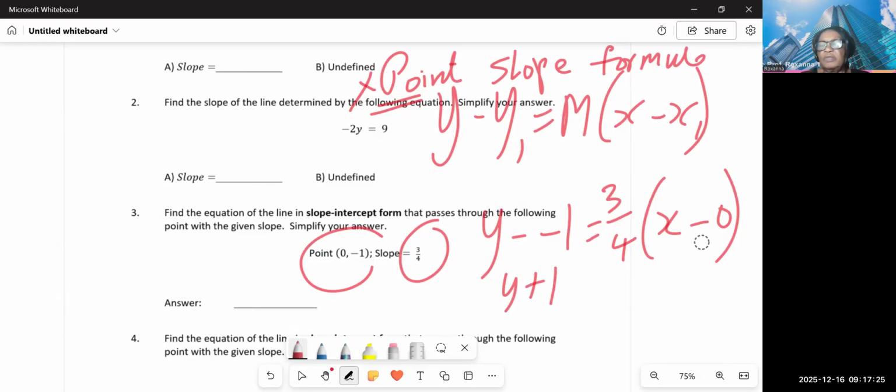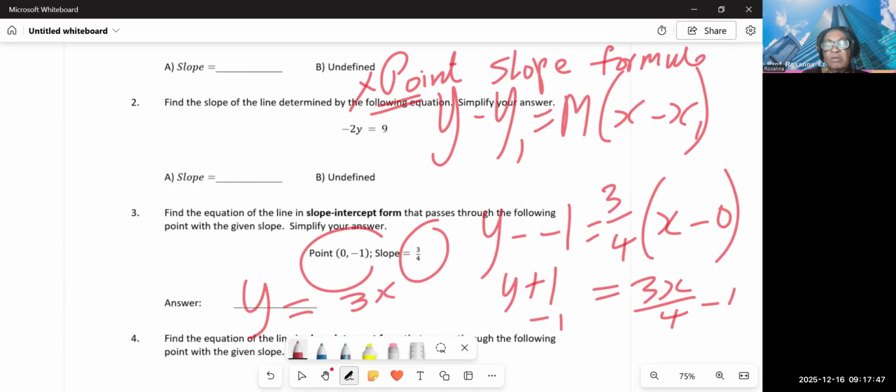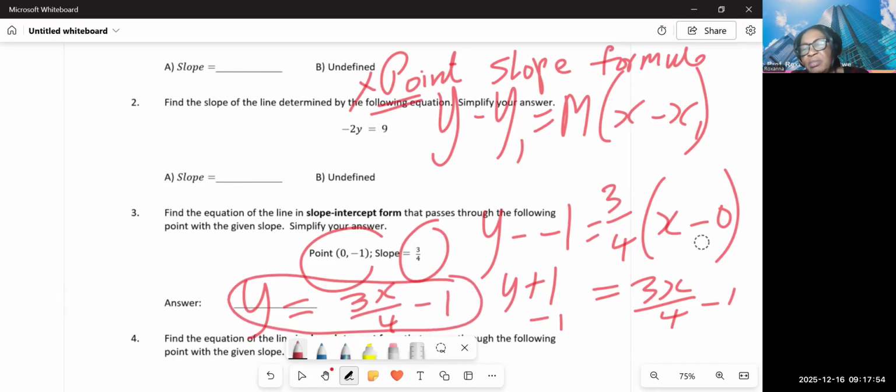If I open the parentheses, I have 3x over 4. Subtract 1 from both sides. So my equation is the same: y equal to 3x over 4 minus 1. Whichever method you use, you get the same answer, provided you did it correctly.